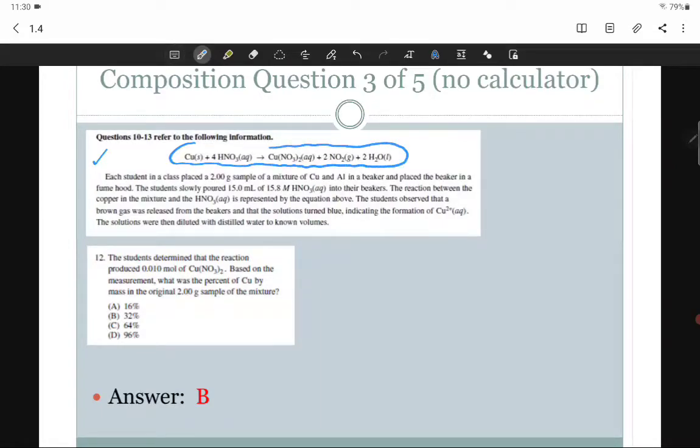Why is a chemical reaction that's balanced important? Because it gives you the molar ratio of all the chemicals. And then of the chemicals, it looks like, well, it gives you a number of pieces of information.